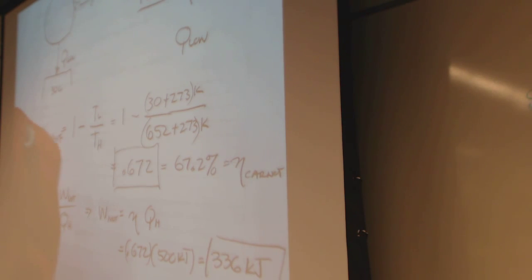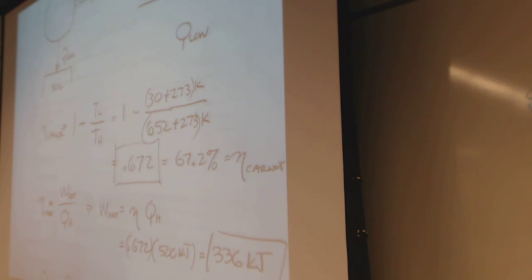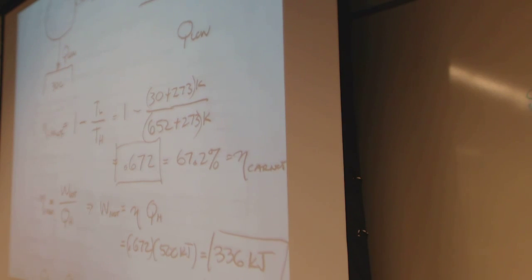My Q low is going to be equal to Q high minus net work energy. Now Q low and Q high are actually heat flows. The net work coming out was converted into some kind of motion probably. So they're different. It might be different kinds of energy, but they will add up.